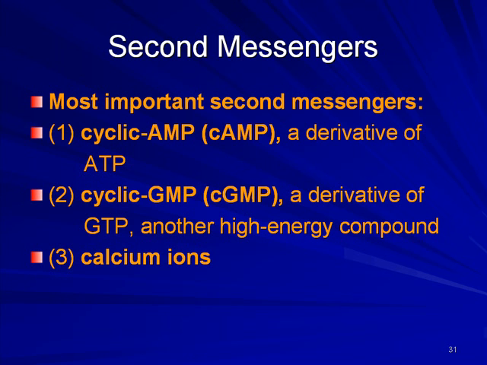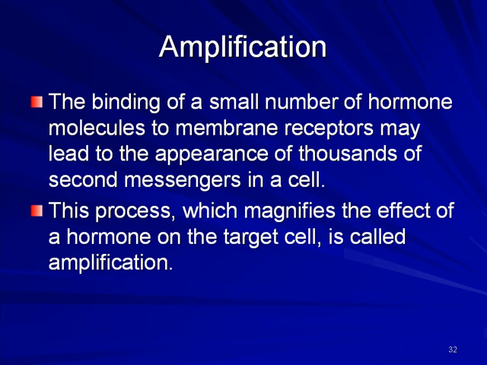Secondary messengers include, and again this is a proposed test question, cyclic AMP, which is a derivative of ATP, which you're familiar with from the Krebs cycle or the TCA cycle; cyclic GMP, which is a derivative of GTP, which is another high energy compound; and then calcium ions, very common secondary messengers that you should be familiar with.